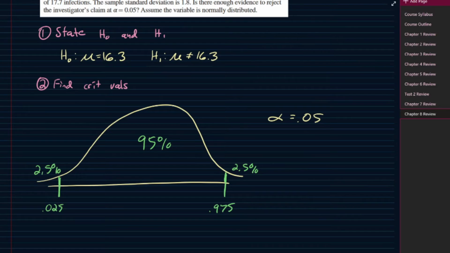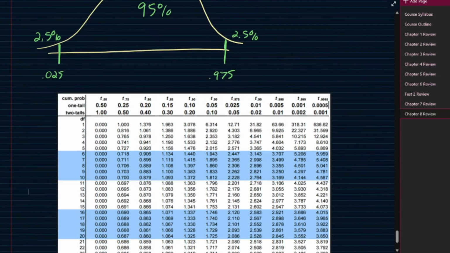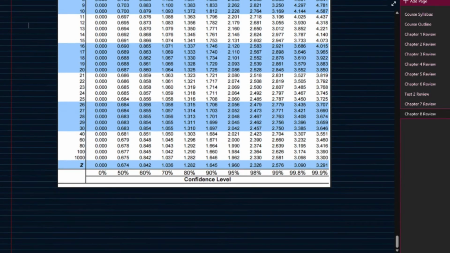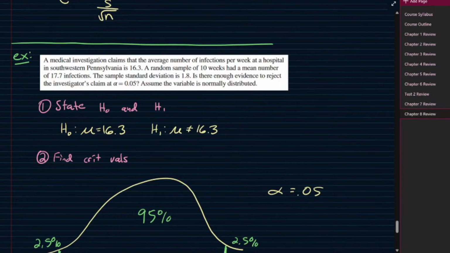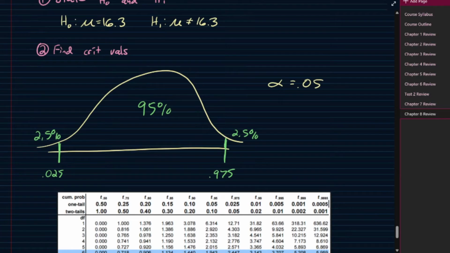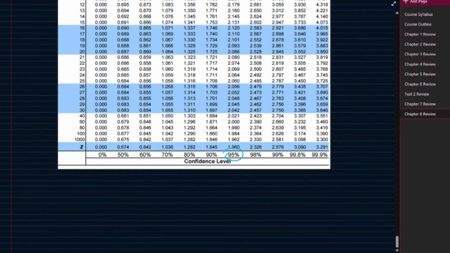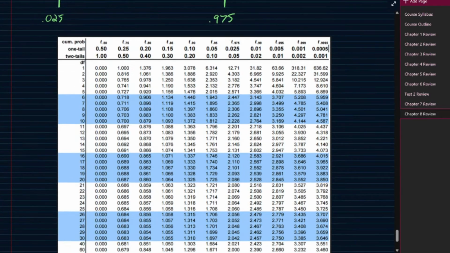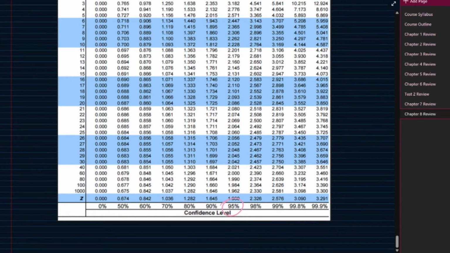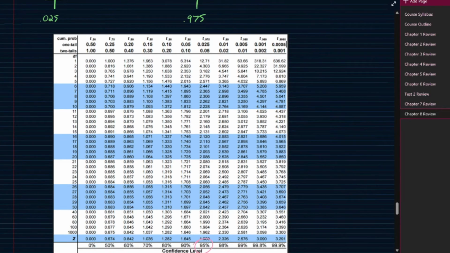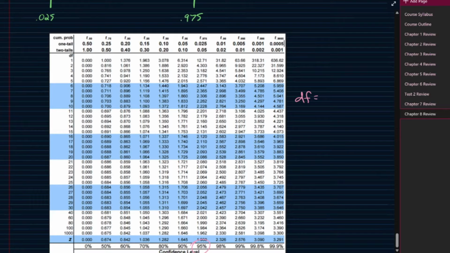So let me get the t-tables. Okay, so I've pulled up the same t-table I had earlier. So our alpha is 0.05, so we can look up 95%. This is the column that we want here. And what's our degrees of freedom? 7?